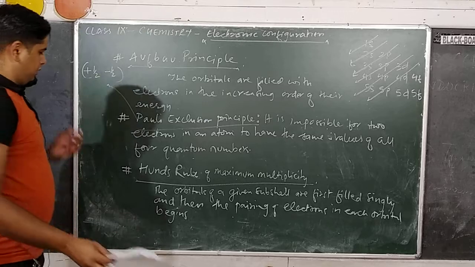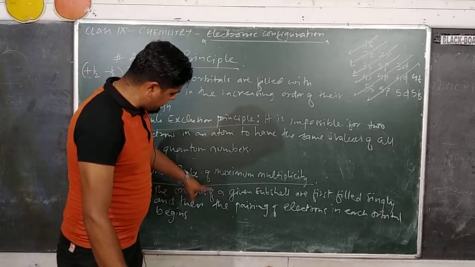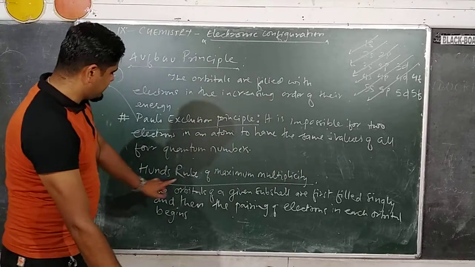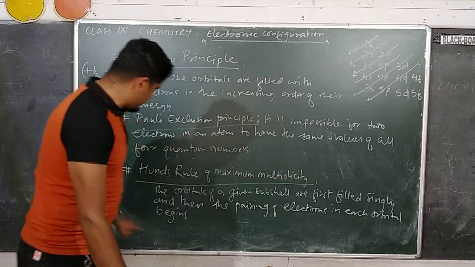So Hund's rule states that the orbitals of the given subshell are first filled singly and then the pairing of electrons in each orbital begins.